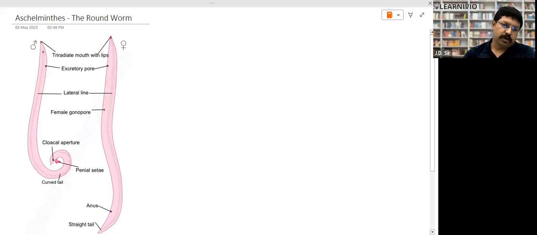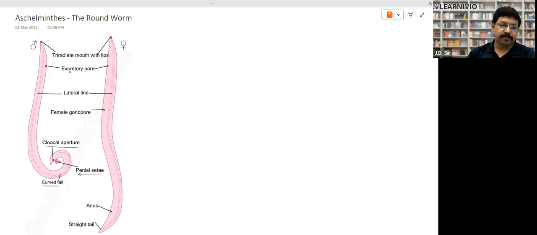The male has a hook-like curved tail. There is a penial setae, the reproductive organ of the male, and the cloacal aperture, from where they lay the egg, or it is also used for removal of fecal material.